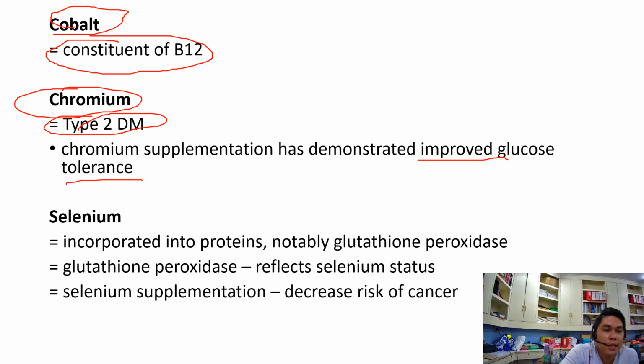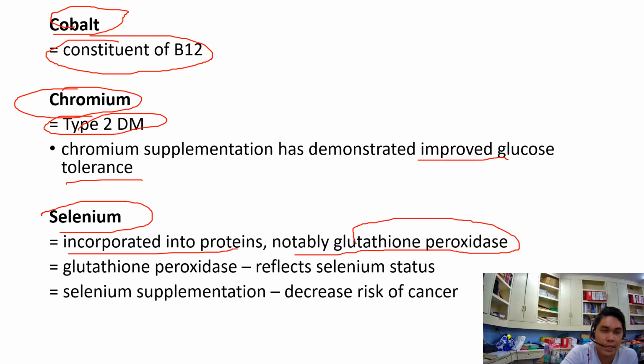Next is selenium. Selenium is incorporated into proteins, notably glutathione peroxidase, which is an antioxidant. One of the components of glutathione peroxidase is selenium. So decreased selenium, you have decreased glutathione peroxidase, which is important in converting free radicals to detoxified radicals.